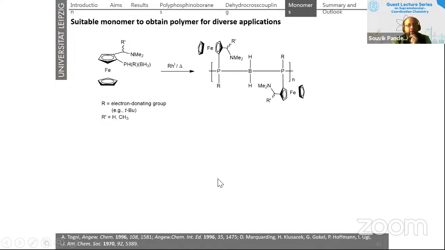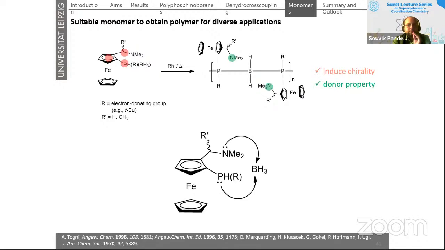But it was very difficult practically to obtain this kind of thing, because we have nitrogen and phosphorus, both comparable. They both try to donate to the boron, so it was a very difficult situation.